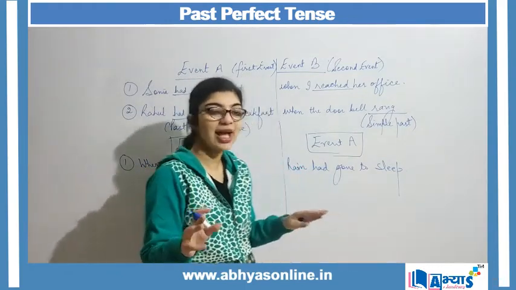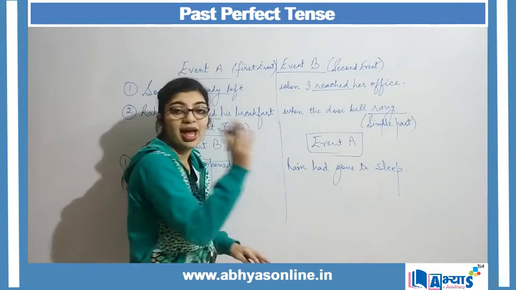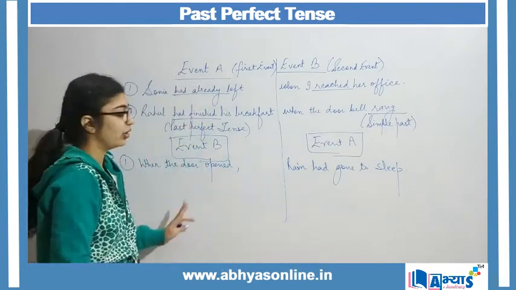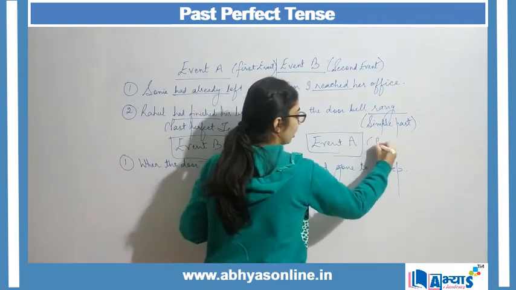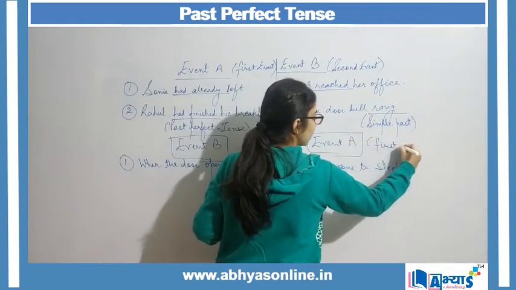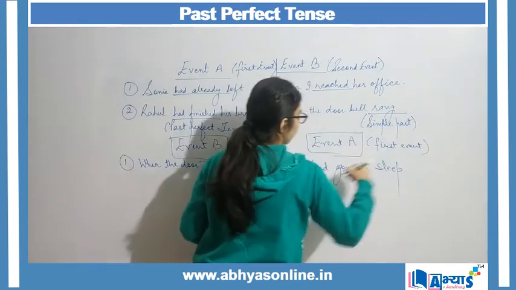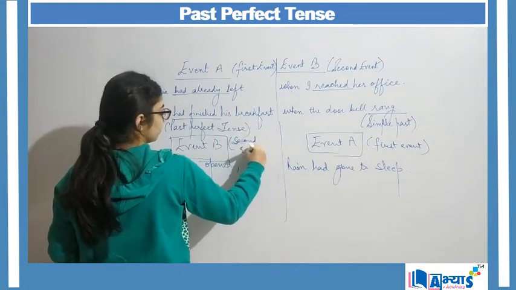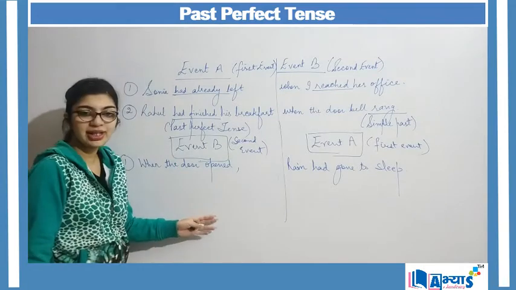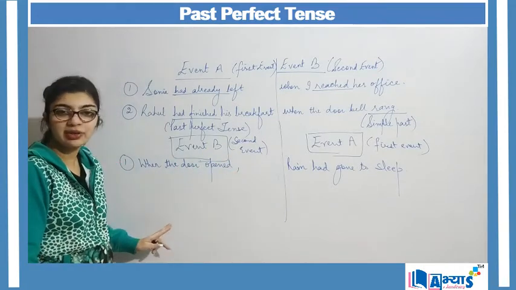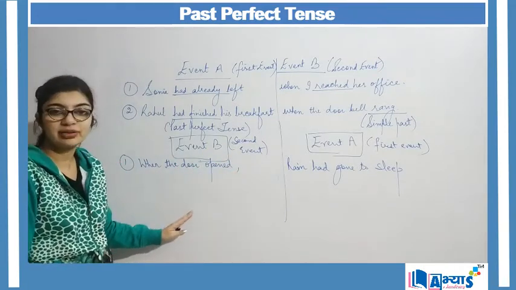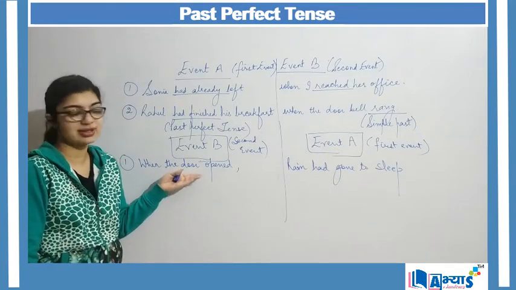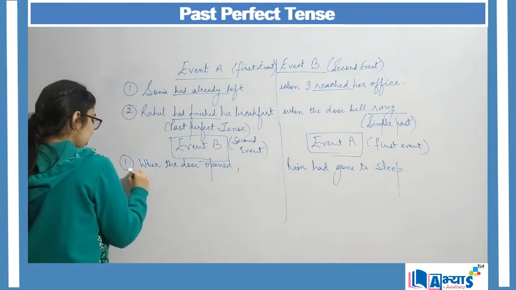Now in this example also, Ram had already gone to sleep, then the door opened, which means that even here, this is my first event and this is my second event. Just the thing is, my sentence is beginning with the second event, but event B will still remain the second event.